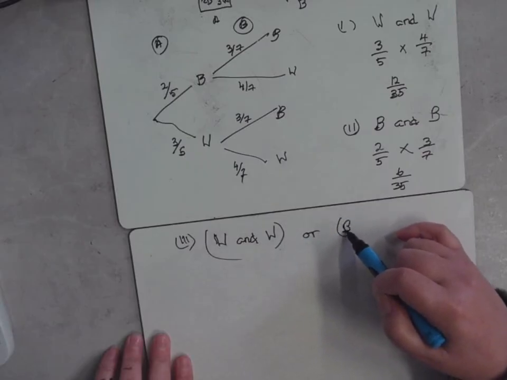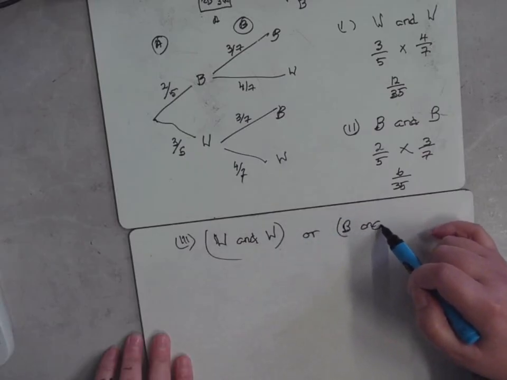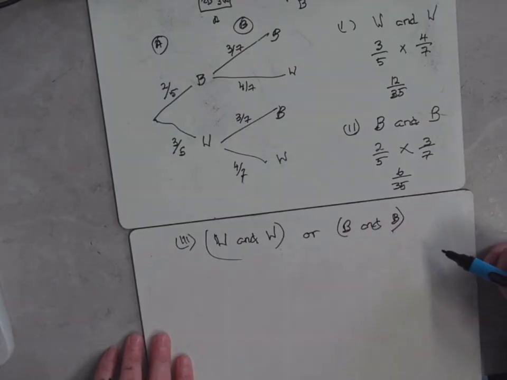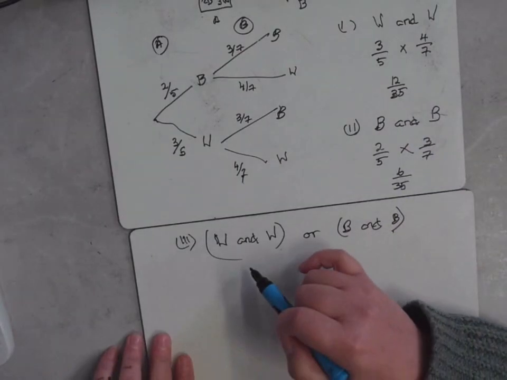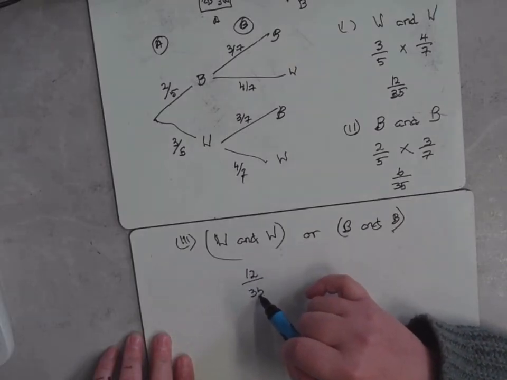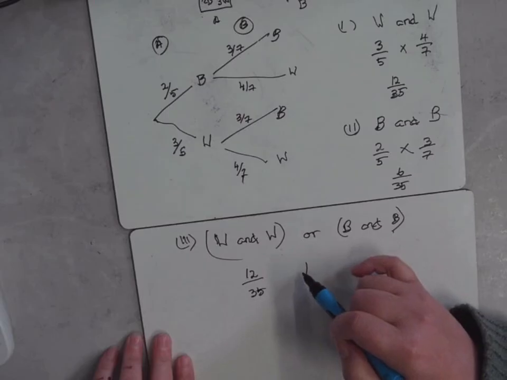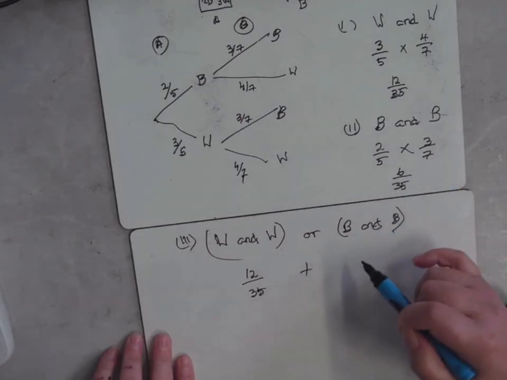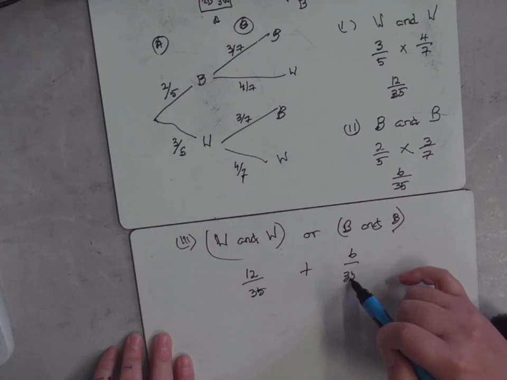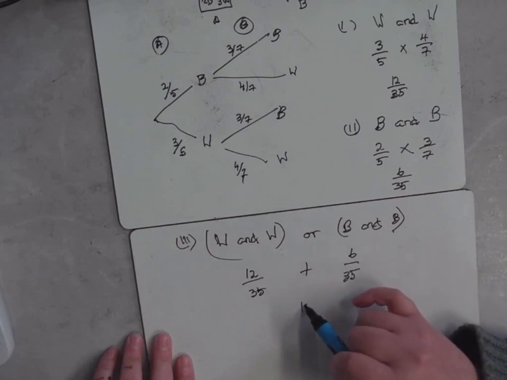They're the only ways they could be the same colour. Agreed? You've just worked out white and white, it's 12 over 35. Or means you add, and you've just worked out blue and blue, it's 6 over 35. So what are the chances that they're the same colour? 18 out of 35.